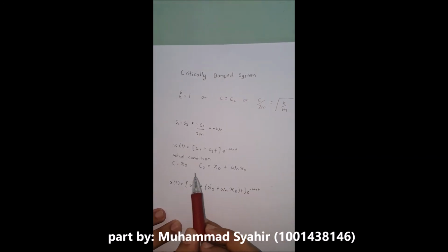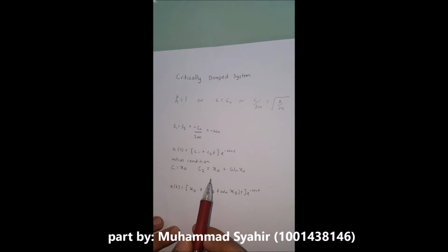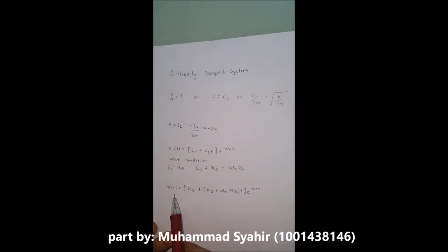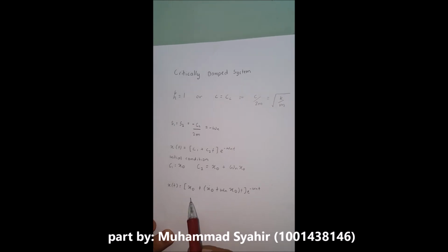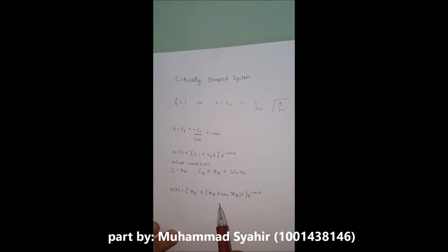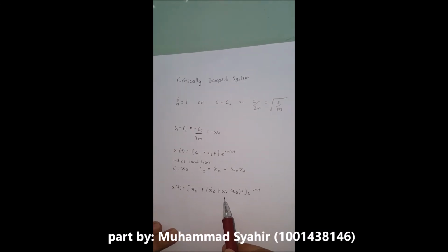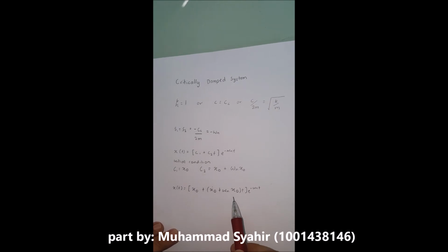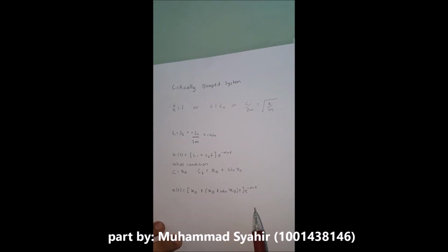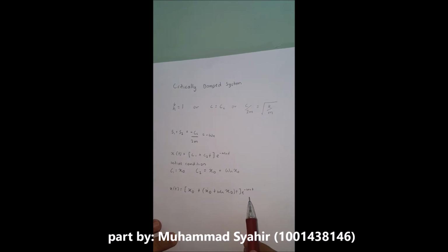So we can put these values into the equation to get this formula, which is x of t equals bracket initial displacement plus bracket initial velocity plus natural frequency times initial displacement, close bracket, times t, close bracket, times the exponential of negative Wn t.